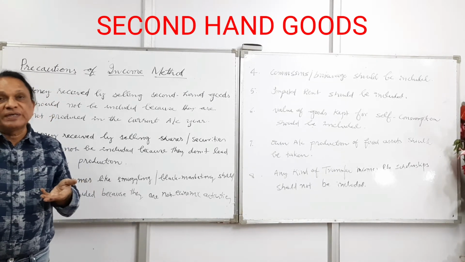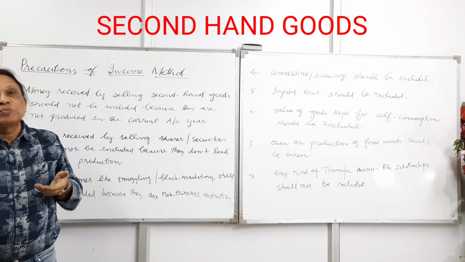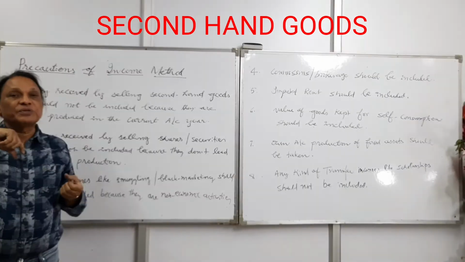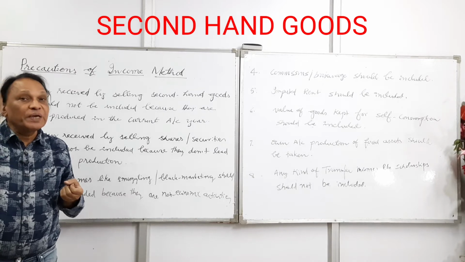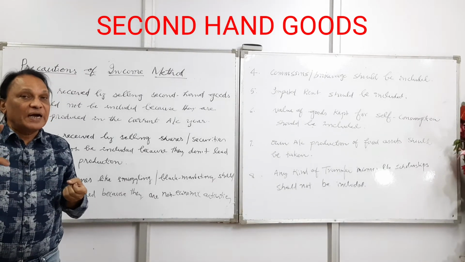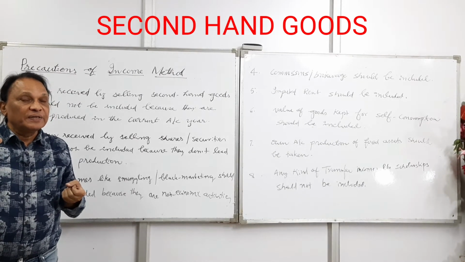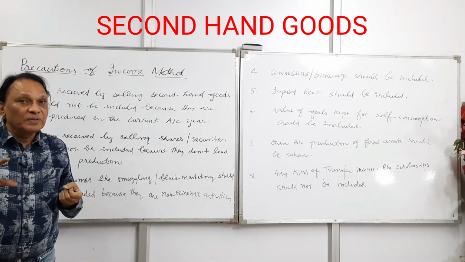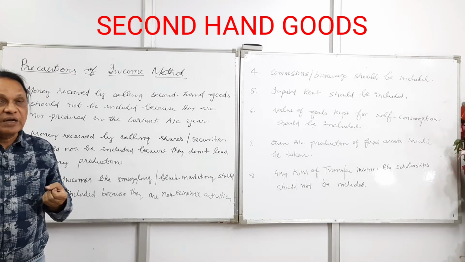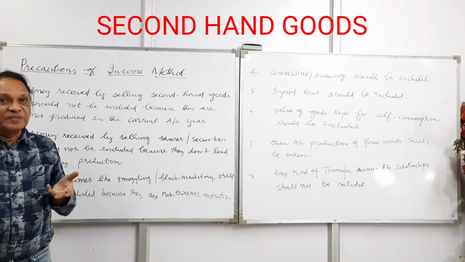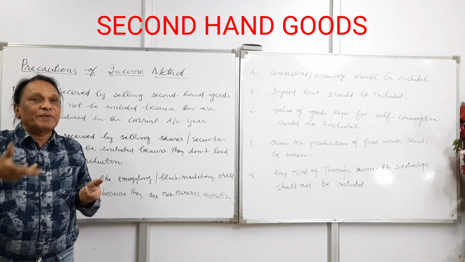If you didn't get it, we'll take an example. Suppose you purchased a computer 2 years back for maybe 50,000 rupees. Now you sold it for 10,000 rupees. The 10,000 rupees is not income generated this year. It was included in the year it was manufactured.